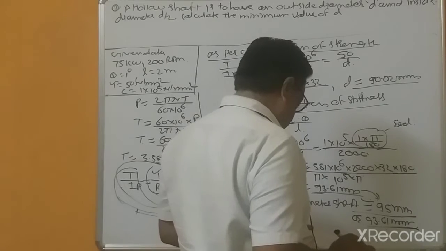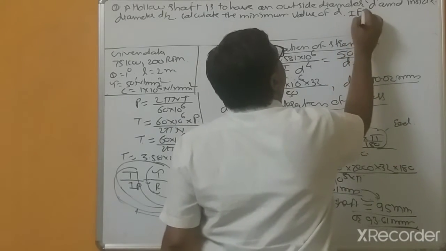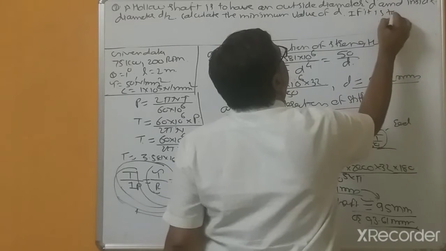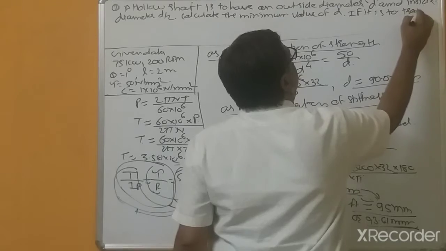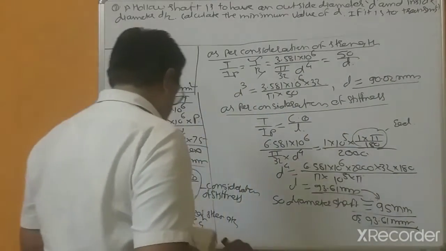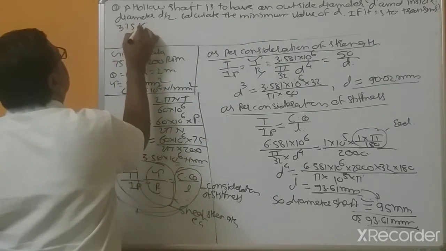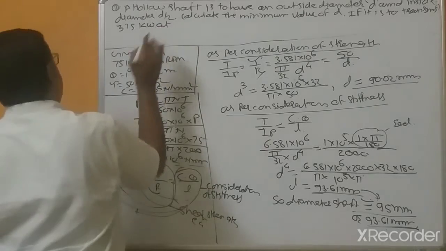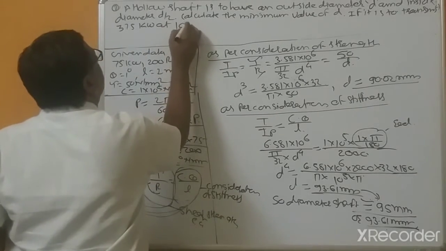if it is to transmit 375 kilowatt at 105 RPM.